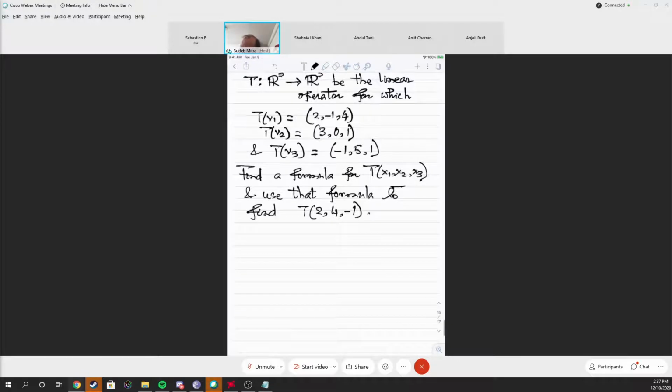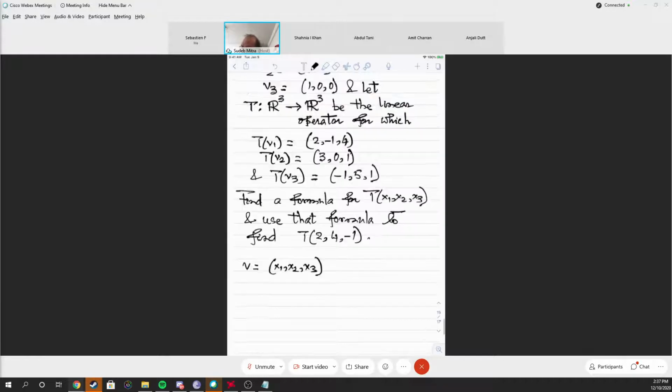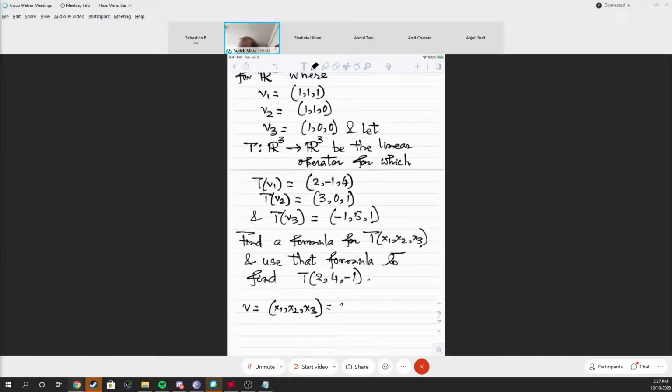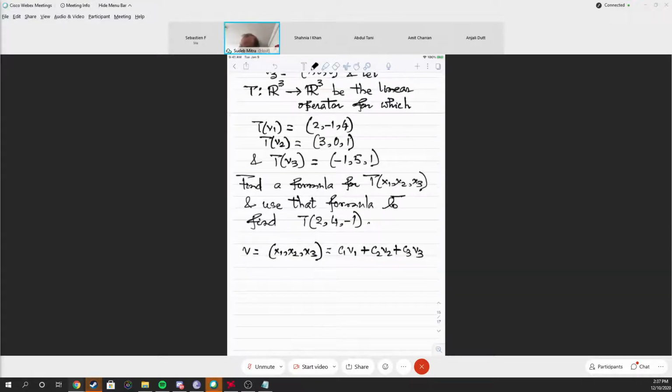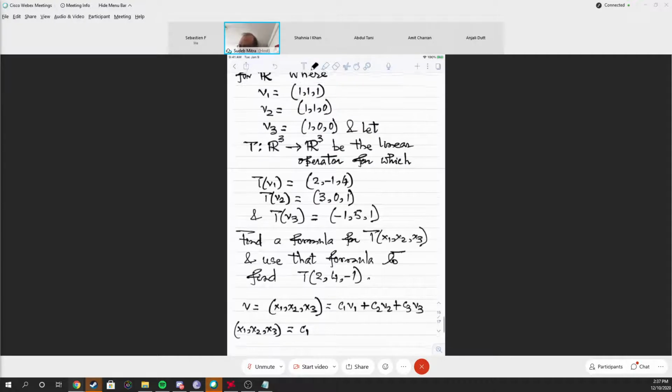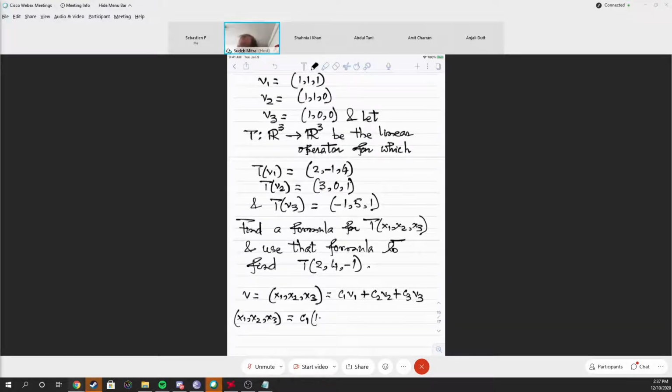Okay. So V is x1, x2, x3. V1, V2, V3, the basis. So that is C1 V1 plus C2 V2 plus C3 V3. So x1, x2, x3 is C1 times V1, let's see, V1 is 1, 1, 1, plus C2 times V2, which is 1, 1, 0, plus C3 times V3, which is 1, 0, 0.